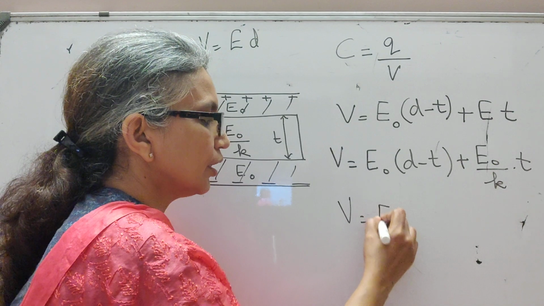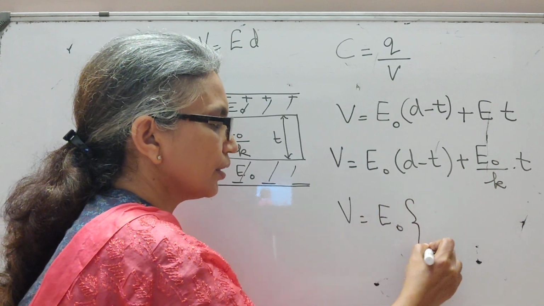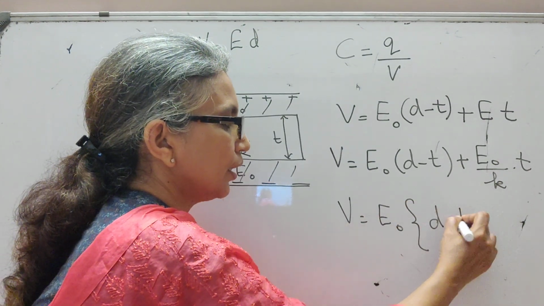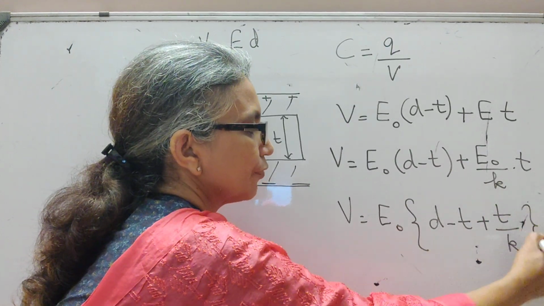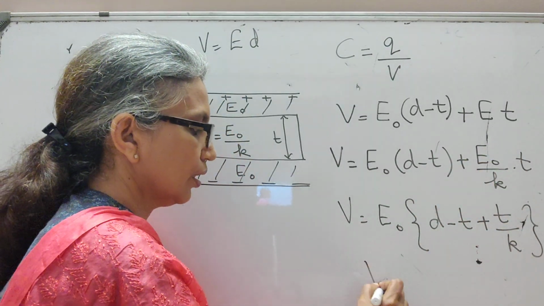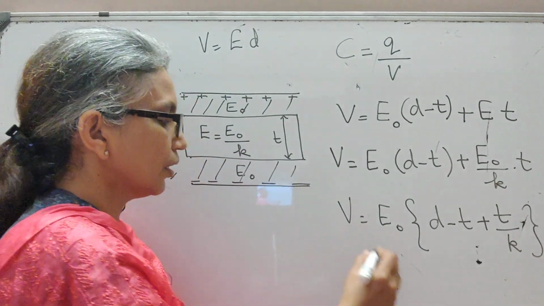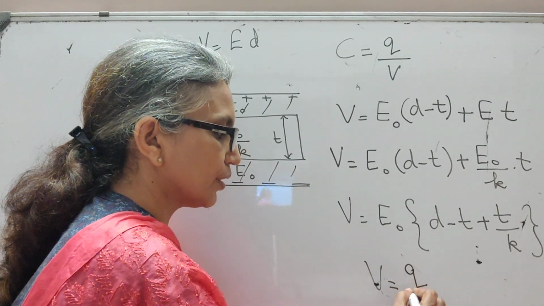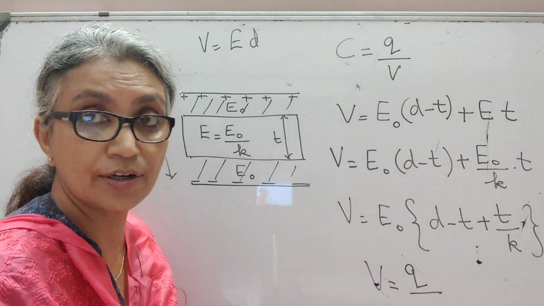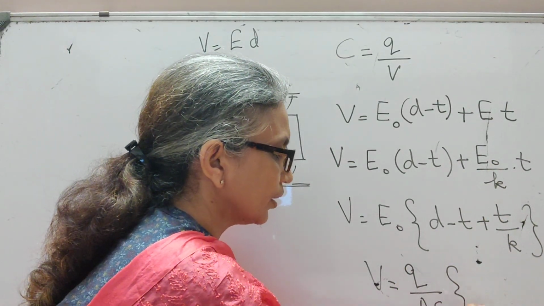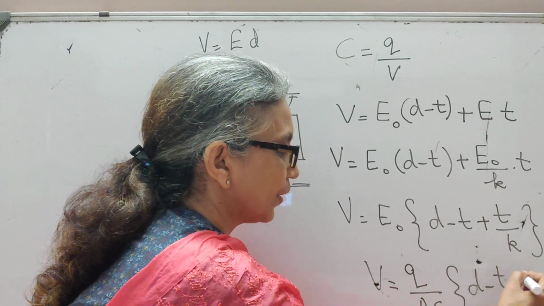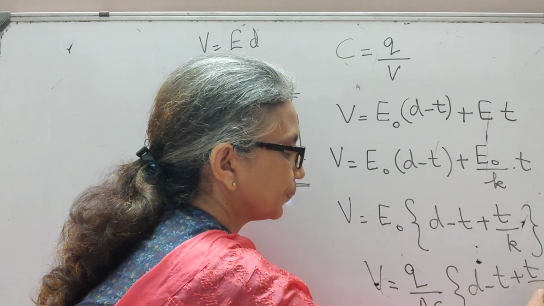V, I can take this E naught outside, bracket d minus t plus t by k. E naught, as we already know from the previous derivation, the electric field in air or vacuum, is Q by A epsilon 0, bracket d minus t plus t by k.